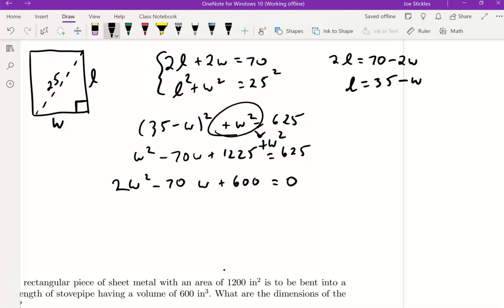So now that we have the 2 in there, let's divide both sides by 2 just to help us see how this is going to factor, hopefully. So we should get w squared minus 35w plus 300 equals 0.